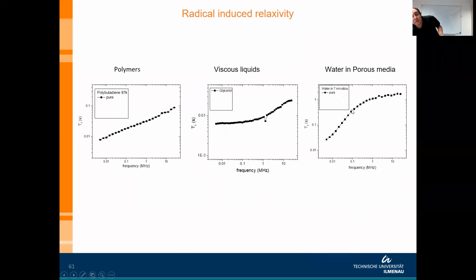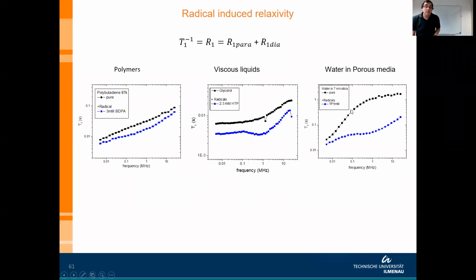And then what happens if you put radicals in the system? Then you get enhanced relaxation. Basically, R1 is 1 divided by this T1 that we get here. Then you get the R1 obtained without radicals, plus the paramagnetic contribution here.